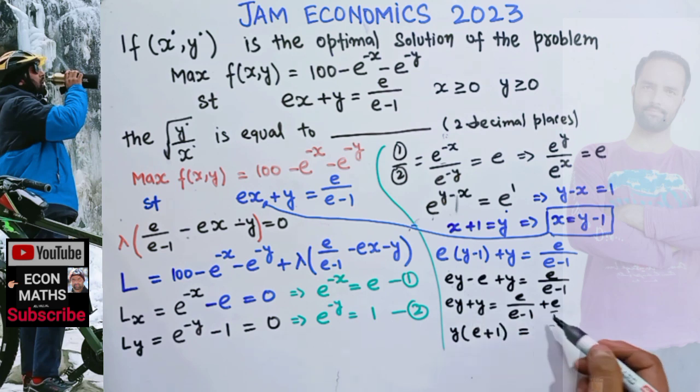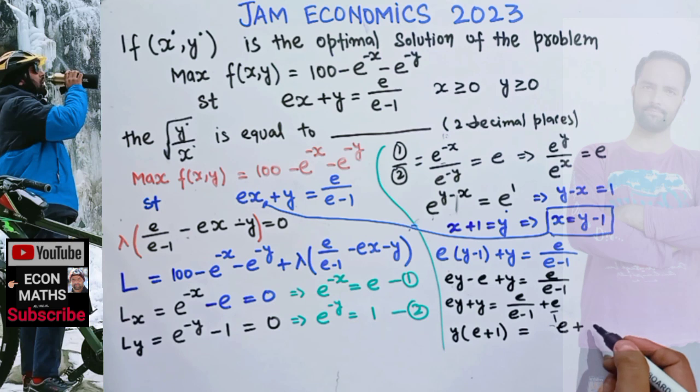Let's multiply. So we have e plus e square, e plus e square minus e divided by e minus 1. So e and e gets cancelled.